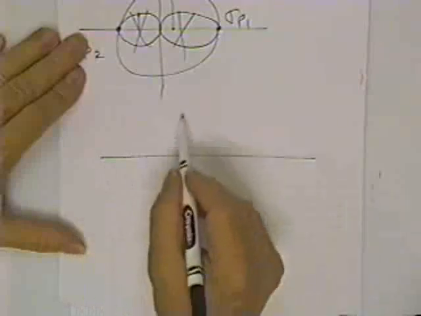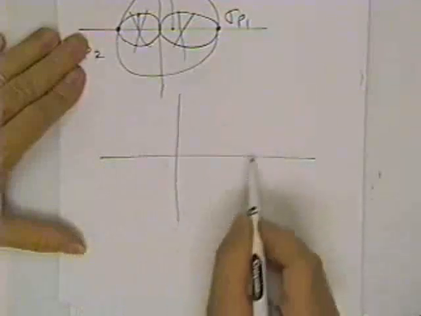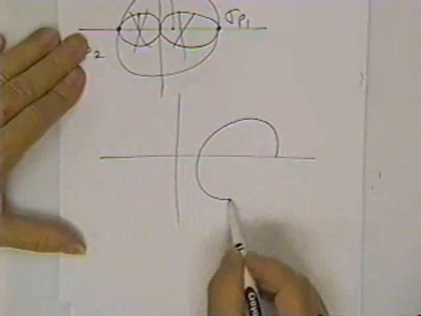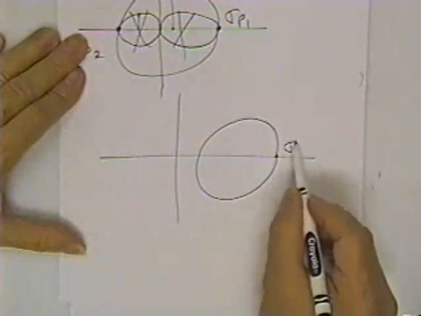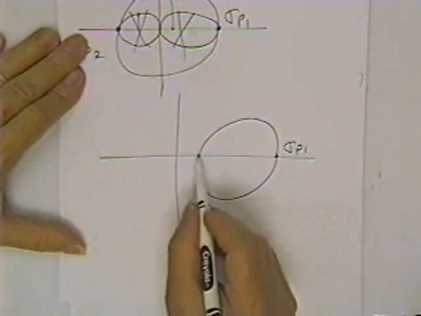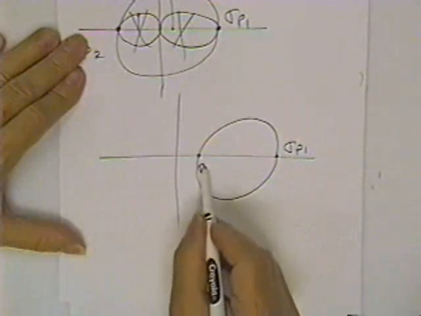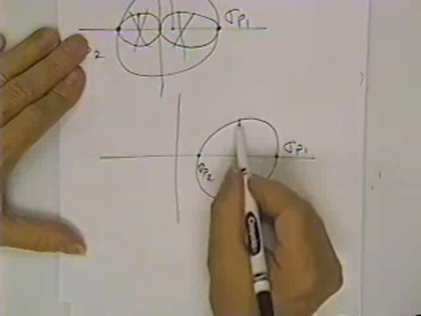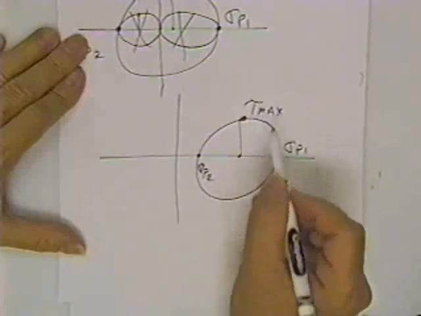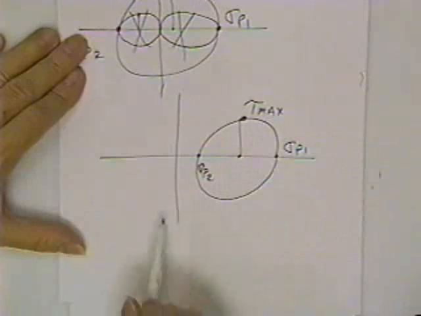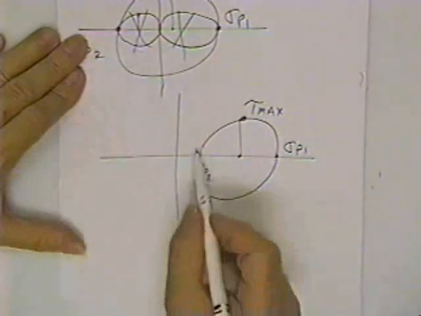However, sometimes when you plot your Mohr circle it is all on one side. It's always centered. This is sigma P1. This is sigma P2. And this is tau max. Except there are two more circles just like this one.